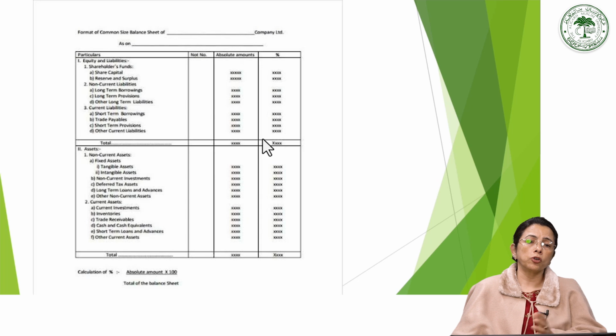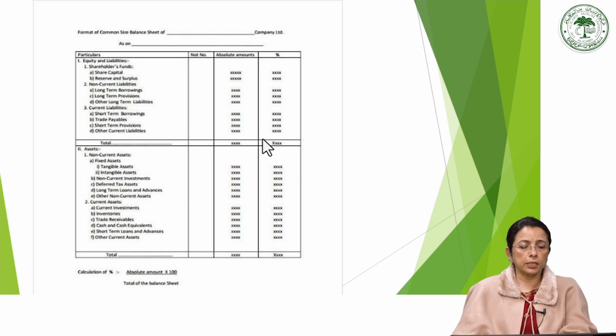So anything that goes on for a number of years, that is for more than one year, we take it as a long-term or fixed asset. And then current, in this we have, as discussed, current investments, inventories, trade receivables, cash and cash equivalents, short-term loans and advances, and other current assets.